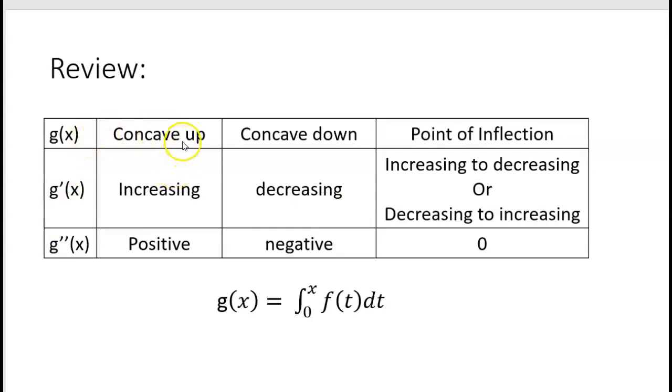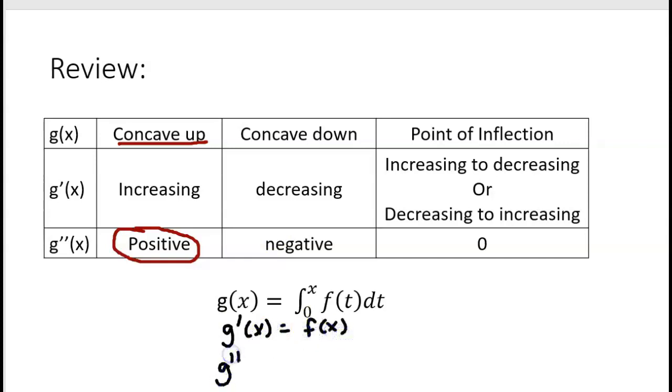Now, g is concave up anytime the second derivative is positive. Okay, so g is concave up anytime the second derivative is positive. Now, we've already said earlier that g prime is equal to f of x, right?